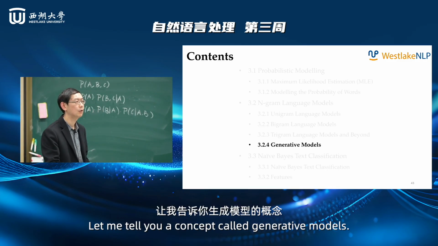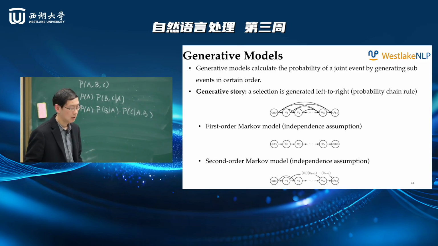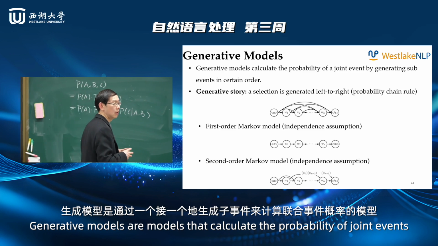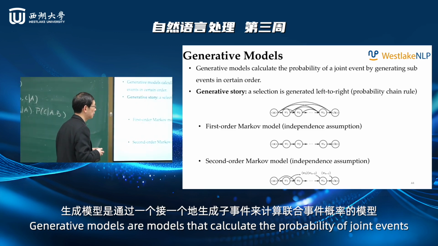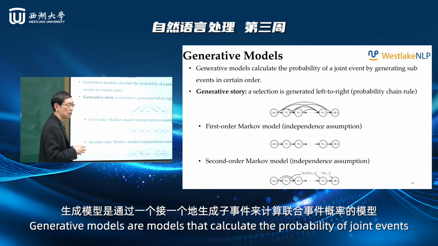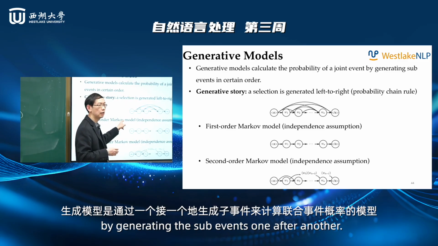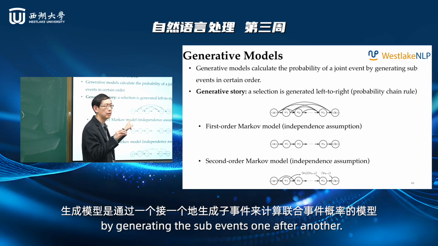But let me tell you a concept called generative models. Generative models are models that calculate the probability of joint events by generating the sub-events one after another.